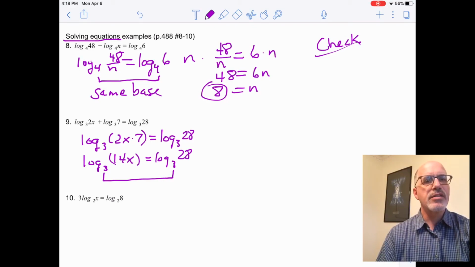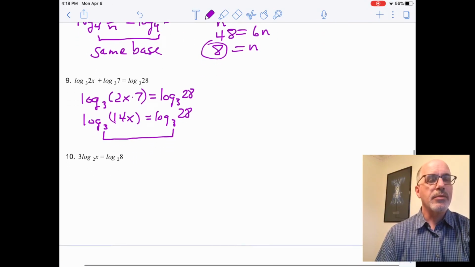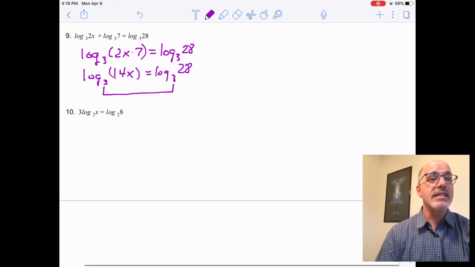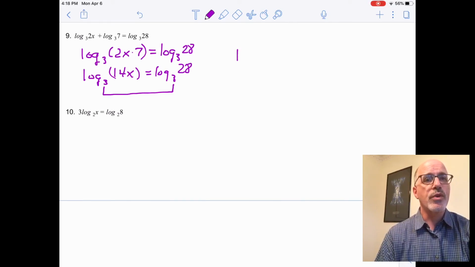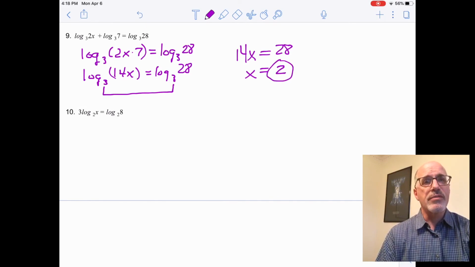Since the bases are the same, we can set the inside parts equal. So 14x is going to equal 28. If we divide both sides by 14, we get x equal to 2. That's our solution. If you substitute it back into the equation, it actually is okay. It gives you positive numbers inside the logs.